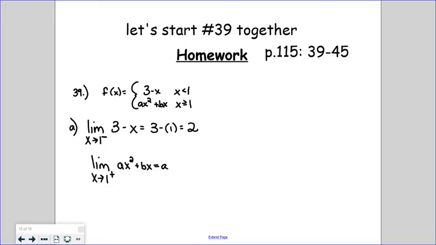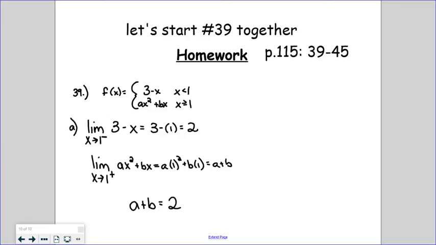When I directly sub in 1, I get 1 times a plus 1 times b is a plus b, right? And in order for it to be continuous, those two are equal to each other. And that is your relationship between a and b, is that their sum is equal to 2. That's what it's asking you. Questions on that so far?